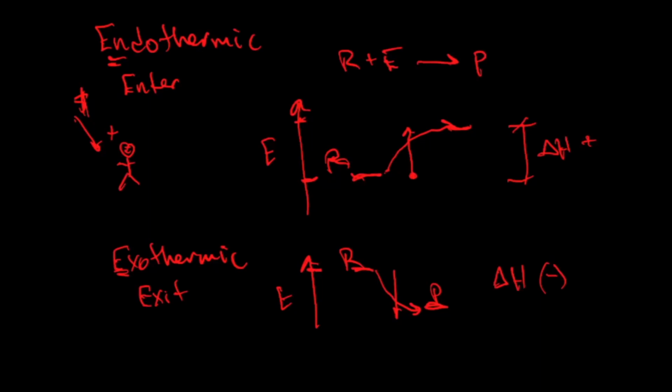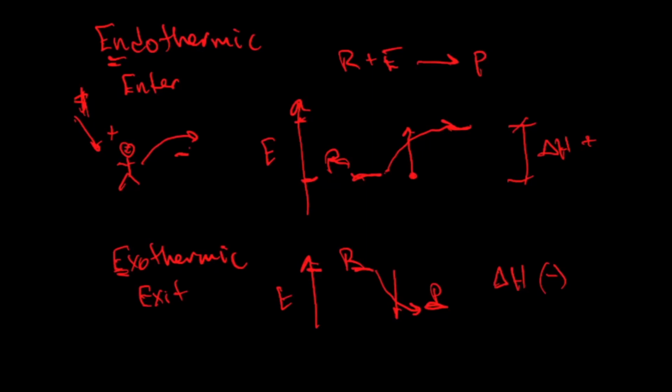Okay, so energy going into the reaction, that's positive. Endothermic, entering. On the other hand, if you have to pay bills or you have to pay for something else, that's a negative thing. Okay, because it's going to be exiting. So think of that in terms of money flow. When it comes into your bank, that's positive. When it exits your bank account, that's negative.